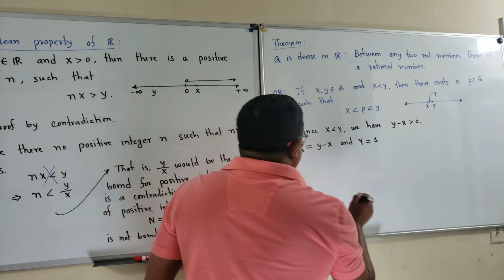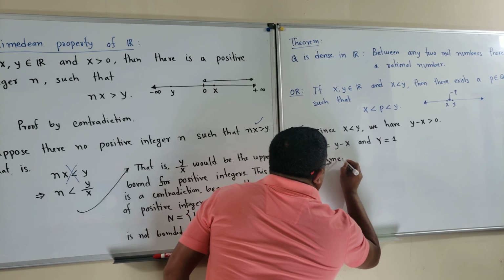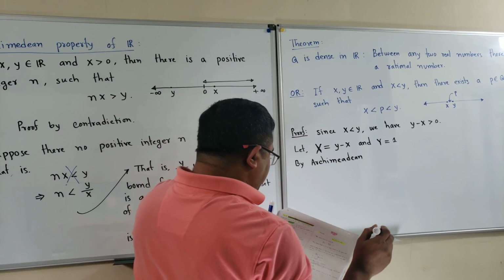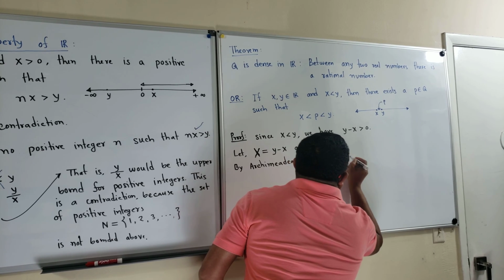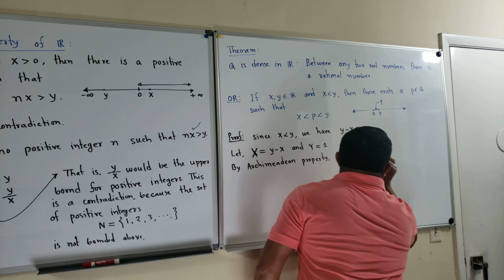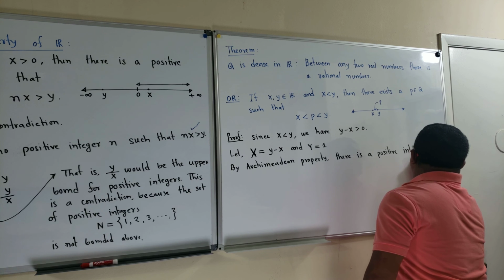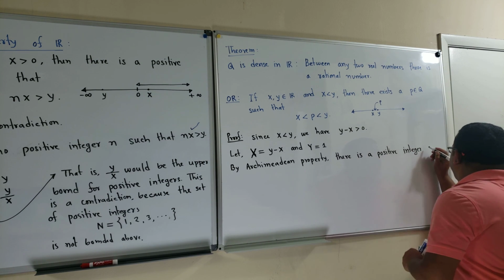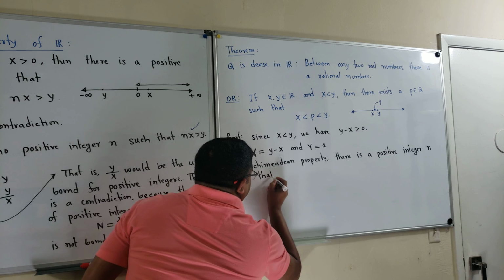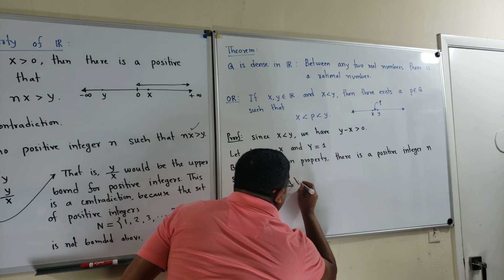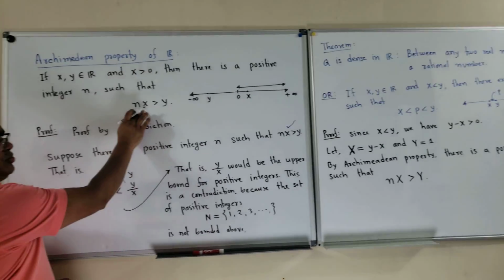So by Archimedean property, there is a positive integer n such that n capital X more than y. Okay, this was our Archimedean property.